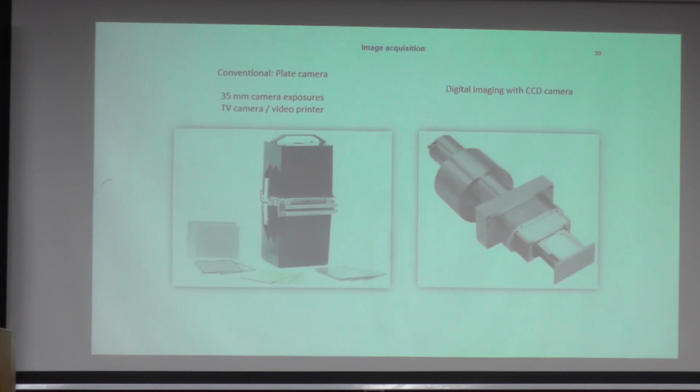So these are some images of cameras, of image acquisition. This is a conventional plate camera. It has been used for several years and decades after the invention of the microscope, and then after the development of CCD cameras, the new microscopes are equipped with digital imaging.